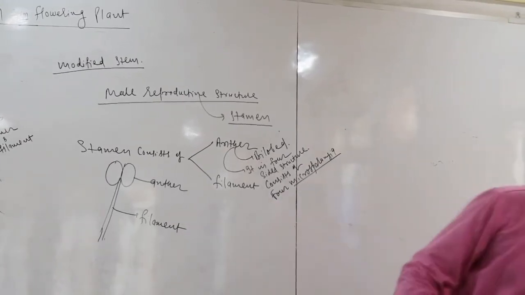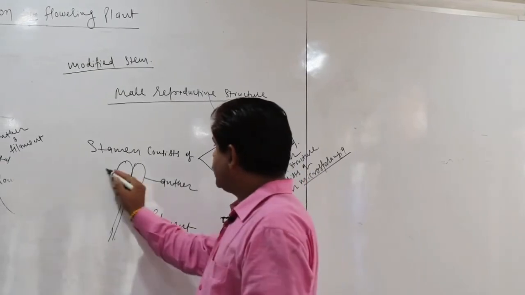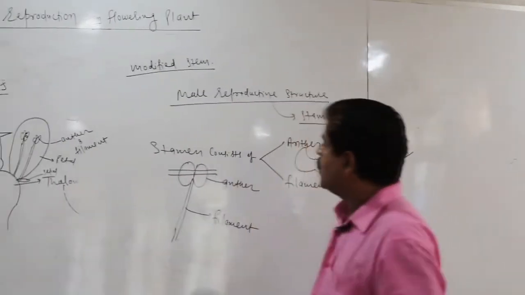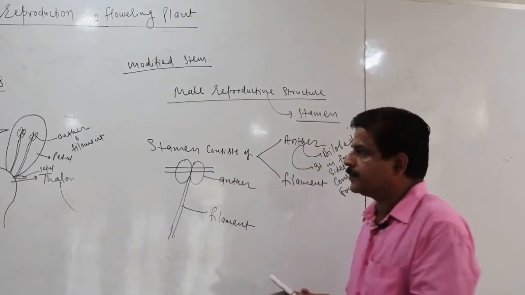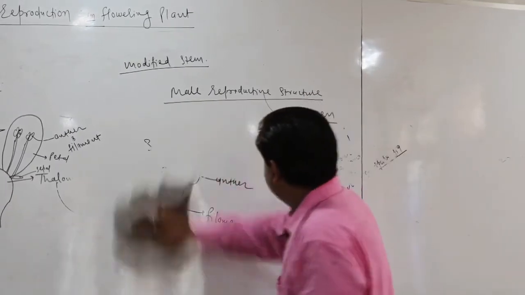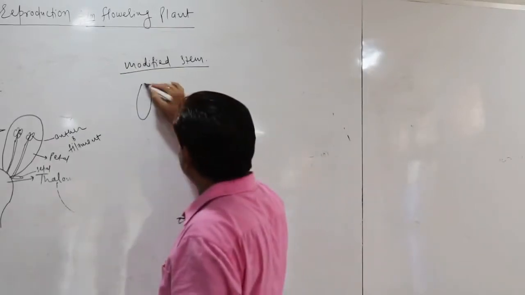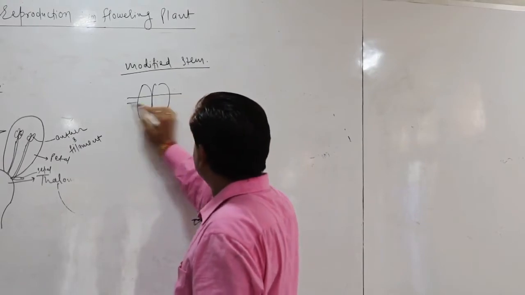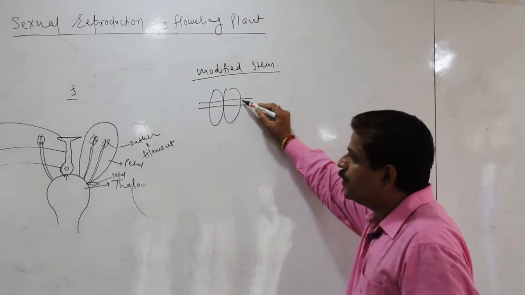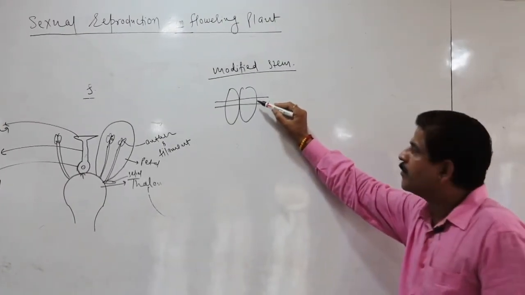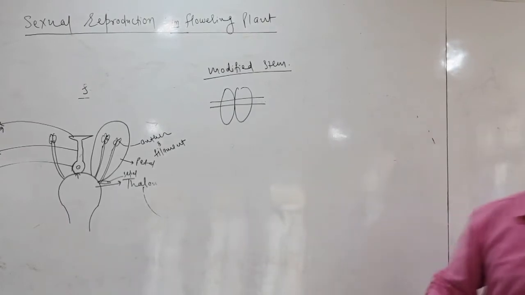Now, if we take a section of this anther, we would actually see the four lobes, which I am drawing here.